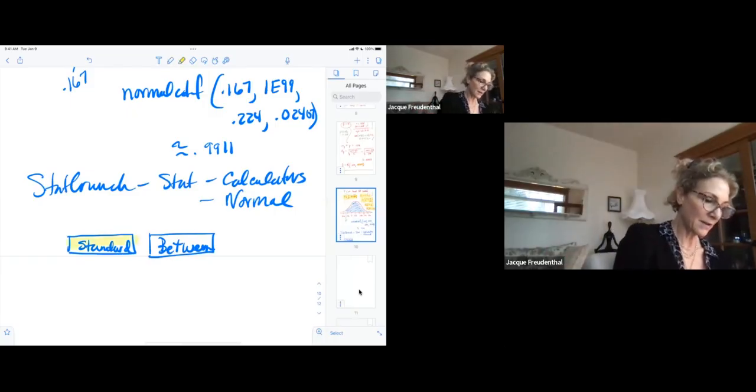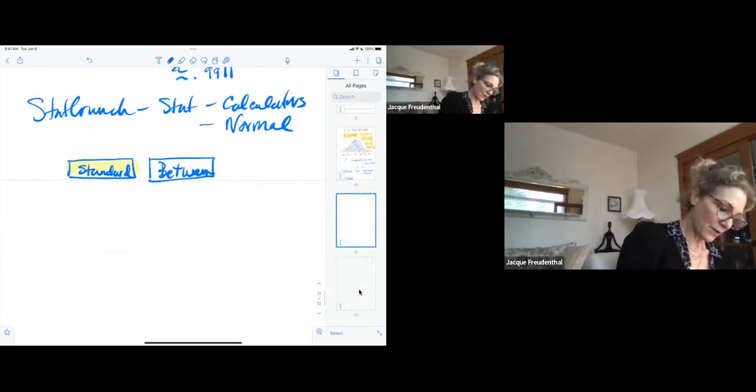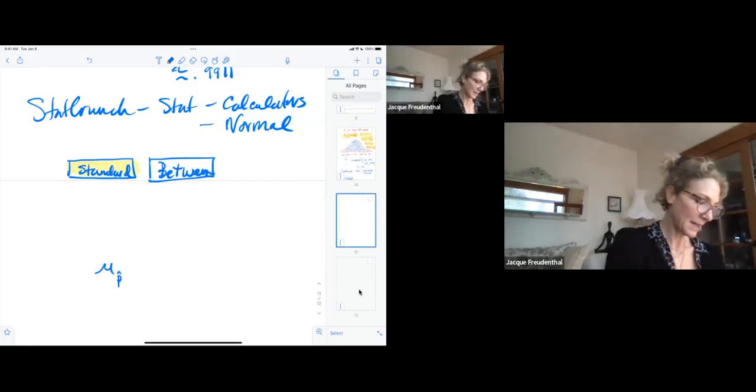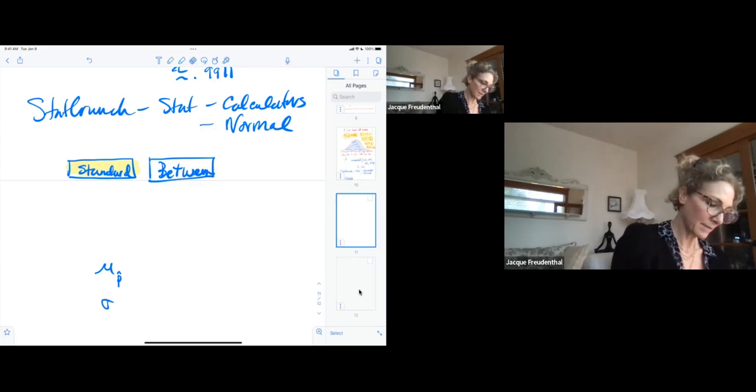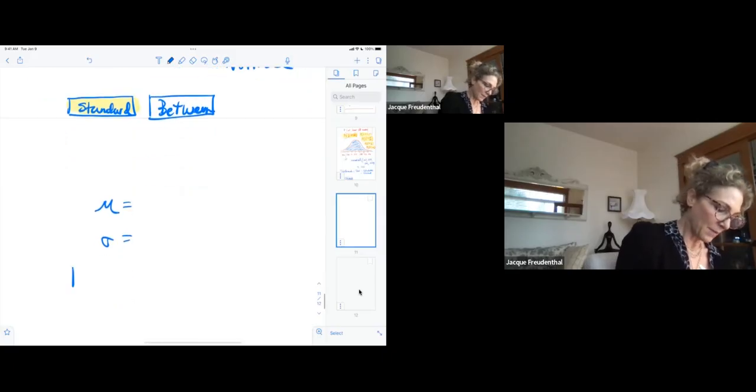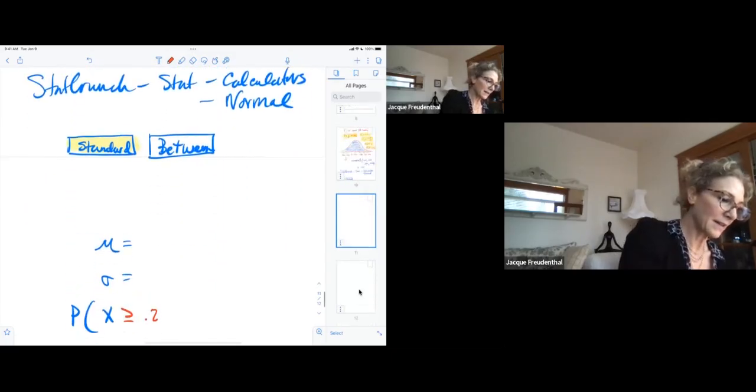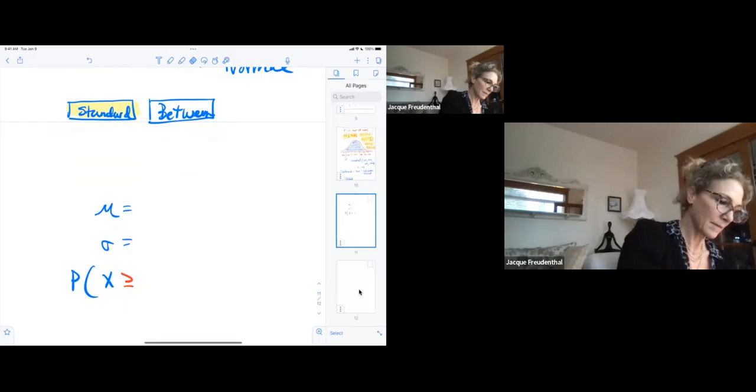So we choose the standard calculator, and then you'll have your graph, and then you'll have the mean, and then you'll have standard deviation, and then you'll have the probability. And you'll put in the greater than. You'll put in 0.167. And then you can choose compute.